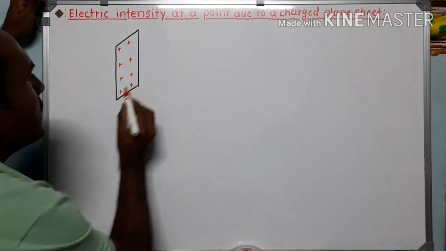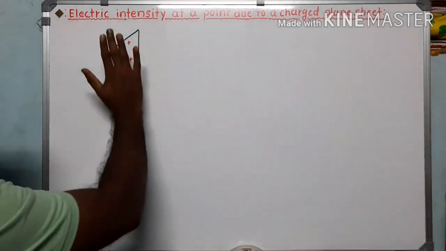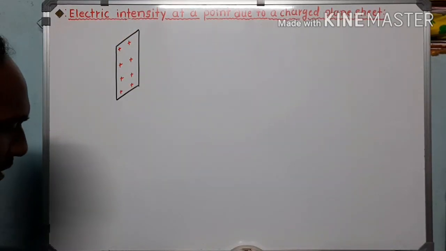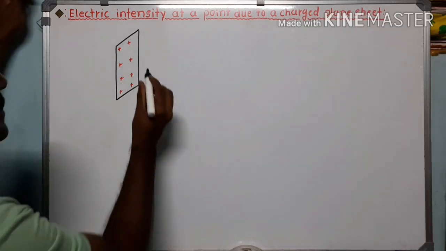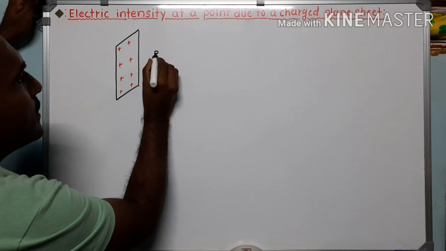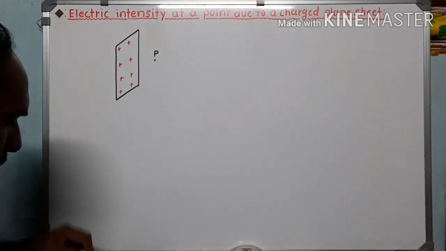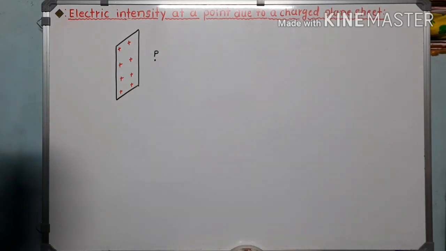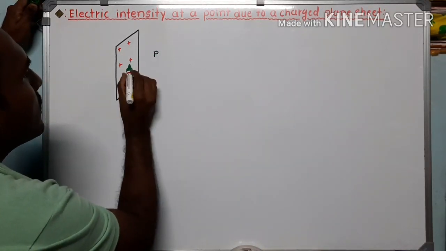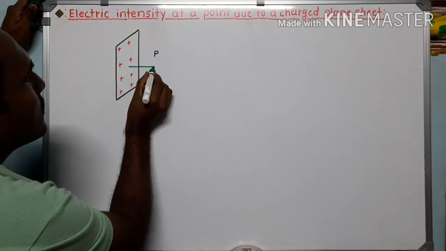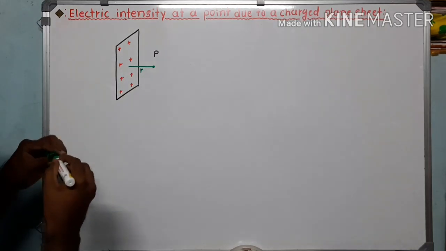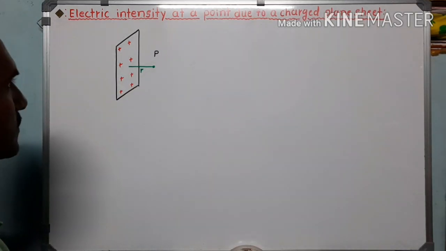In this way, electric field is present at the front side and at the back side. Now I will consider a point P at the front side at a distance small letter r from the surface of the plane sheet.